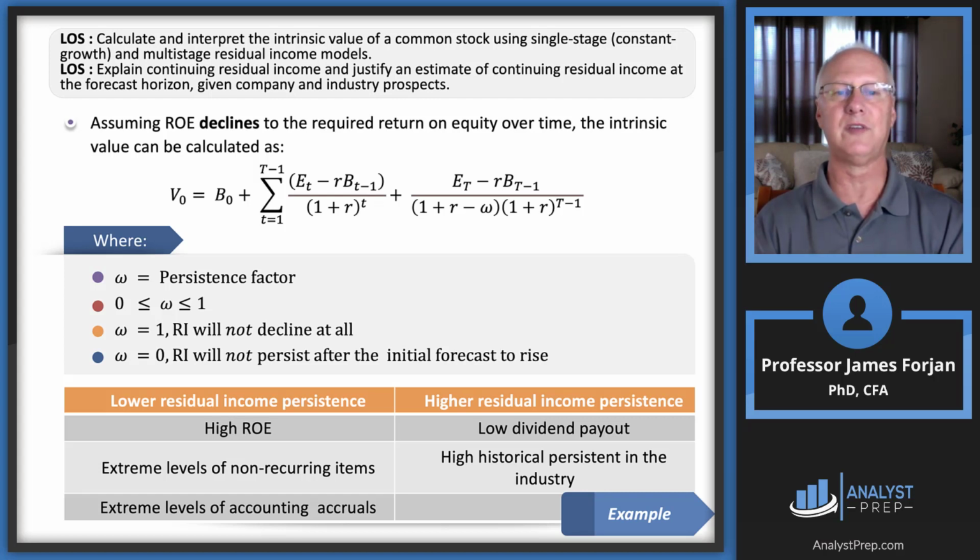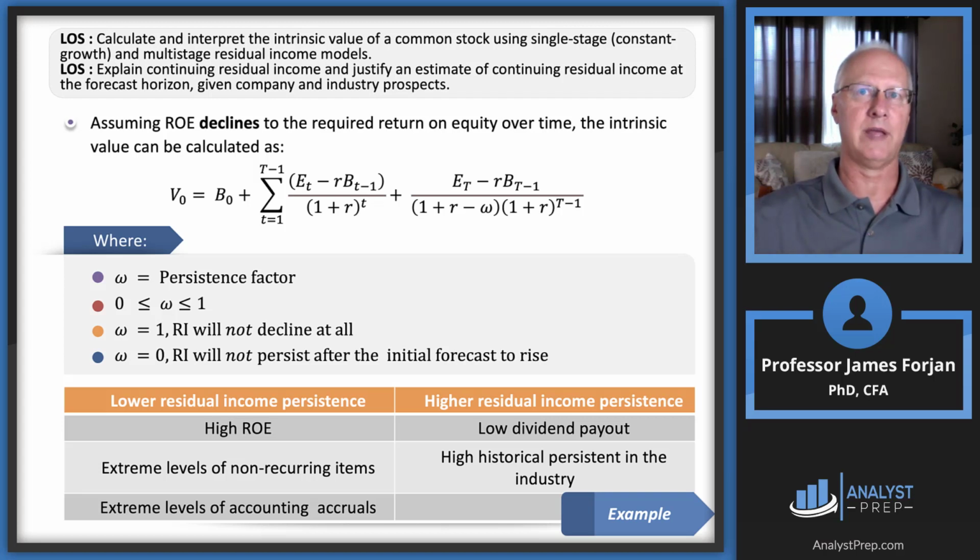They call this the persistence factor. In other words, let's assume that we're estimating residual income for 3 years. And I'll just make up some numbers here. We estimate 5 in year 1, 6 in year 2, and 7 in year 3. Then we have a hard time giving accurate estimates in year 4 and 5 and 10 and 30. So let's just make some simplifying assumptions.